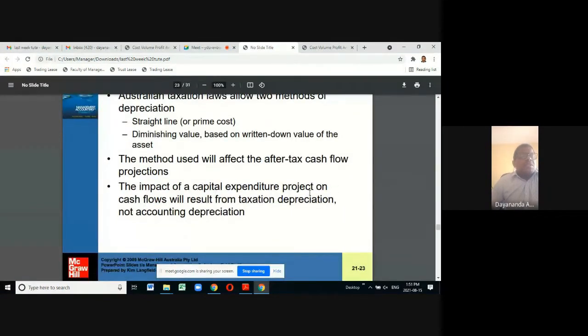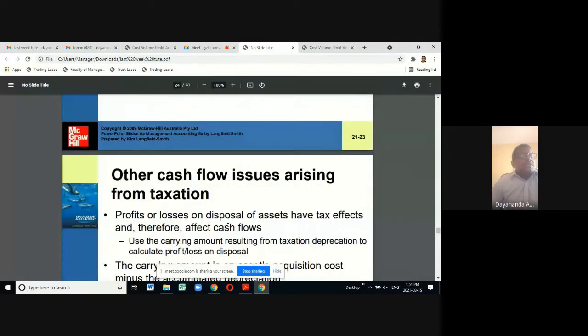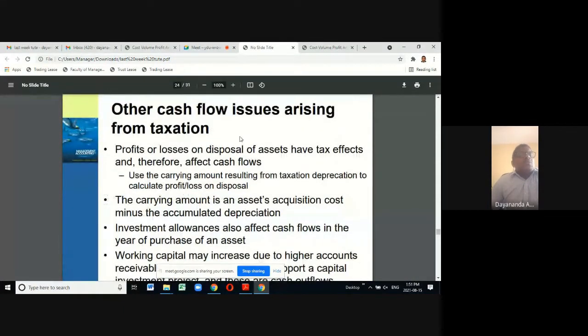Impact of capital expenditure projections. Cash flows will result from taxation and depreciation, not from accounting for depreciation. Other cash flow issues arise from profits or losses on disposal of assets, which have tax effects and therefore affect after-tax cash flow.